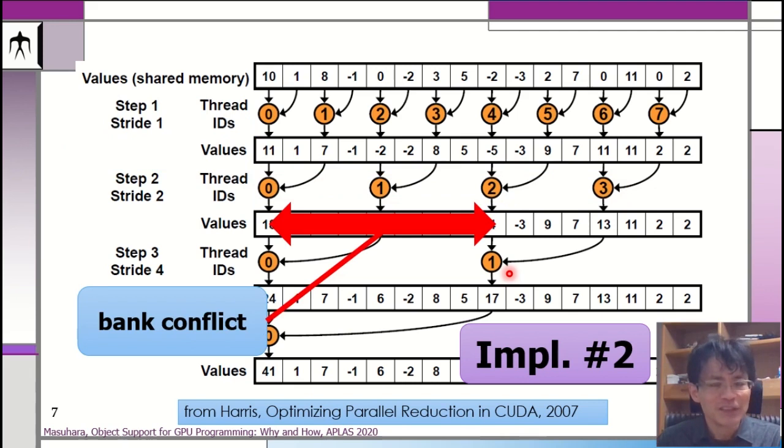But this implementation still has some inefficiency called bank conflict. If we look at this computation stage, the two threads are reading memory addresses distant by a power of 2, which causes a bank conflict, which can be a source of overhead.